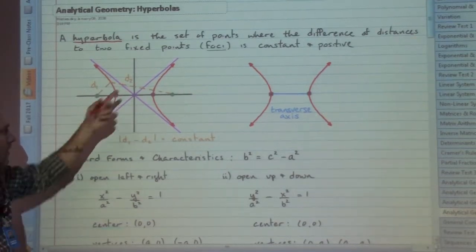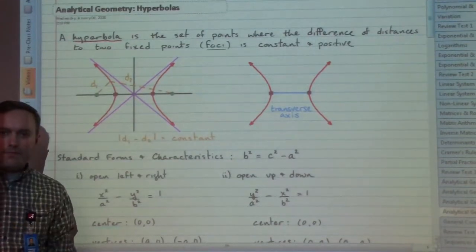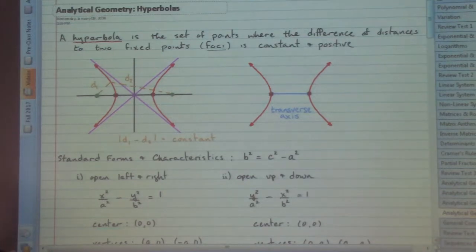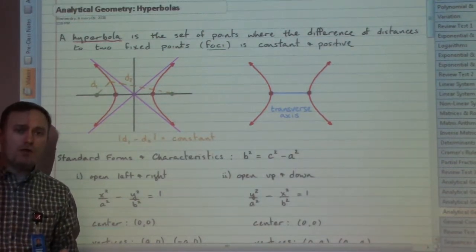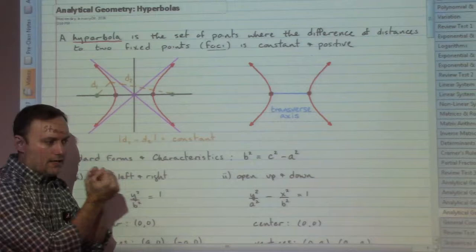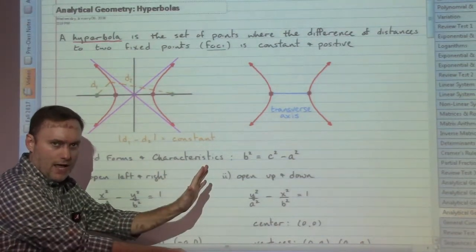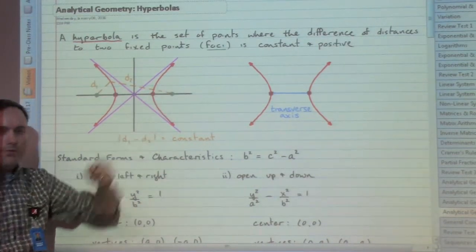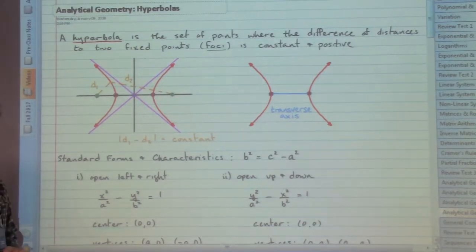Notice that we've also got something extra that we hadn't seen with any of the other shapes. We now have some asymptotes to deal with, as things explode out and away.